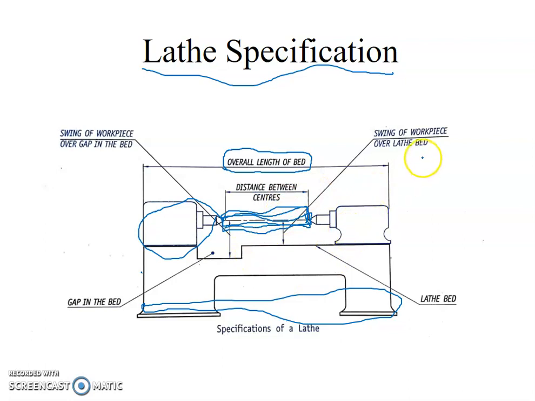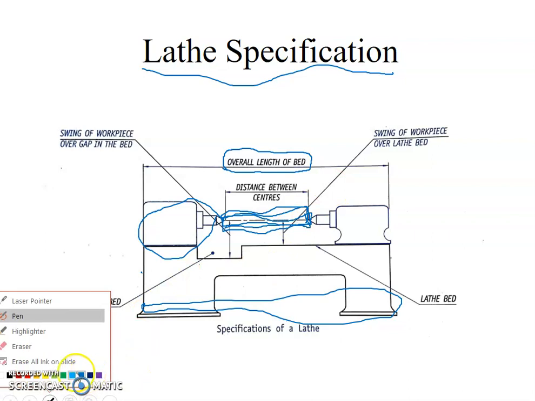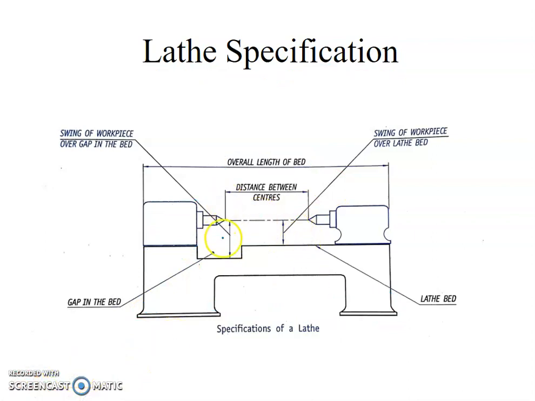And again, swing of workpiece over the lathe bed. What is the maximum diameter we can mount on the machine to do the machining process? We can see here we have the maximum gap, and here also we have the maximum gap.